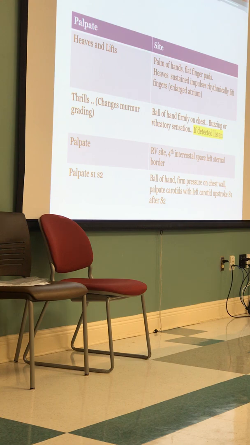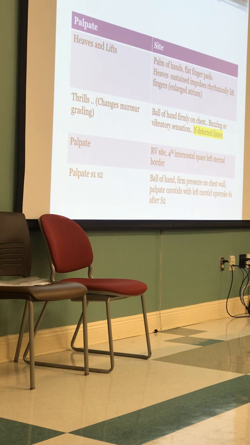Palpate S1, S2. I don't ever advocate for this, and I'll never test you on this, because I've tried it and I can't really tell S1 from S2 by palpating.